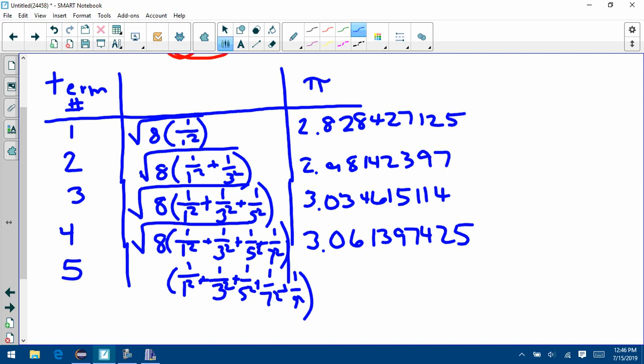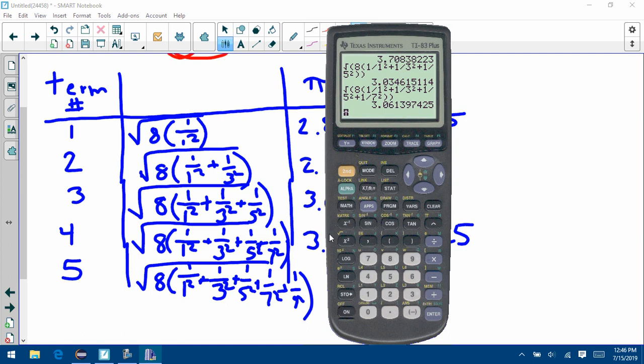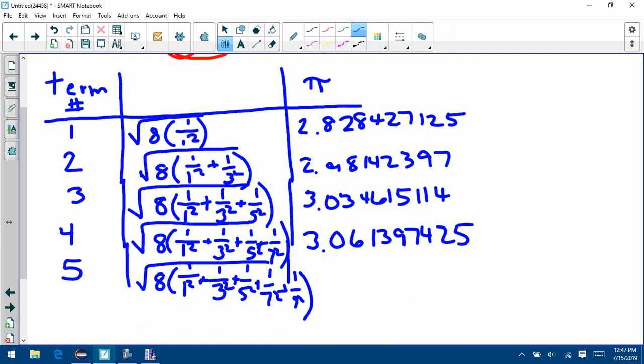To print out the approximation, I multiply that by 8, take the square root. 8 times 1 over 1 squared plus 1 over 3 squared plus 1 over 5 squared plus 1 over 7 squared plus 1 over 9 squared. I get 3.077485, et cetera.